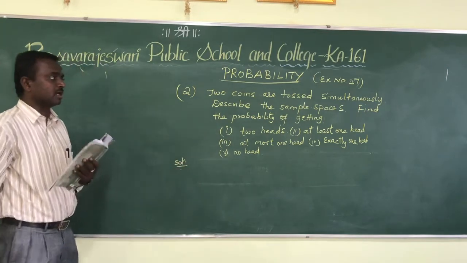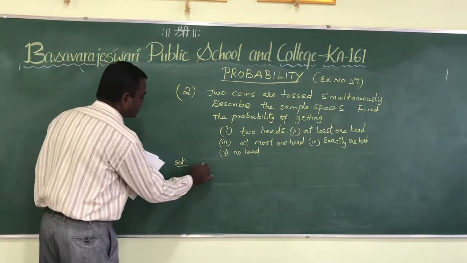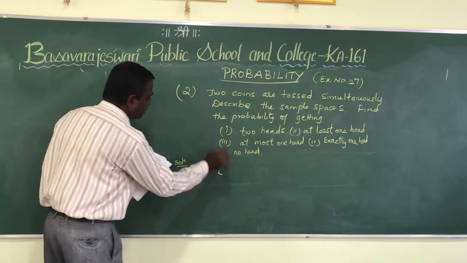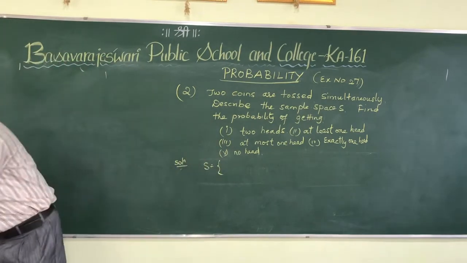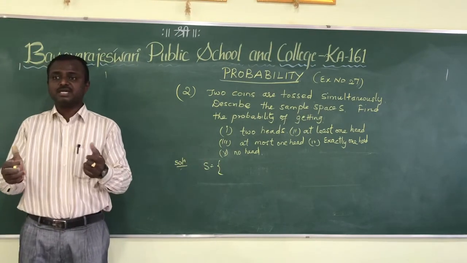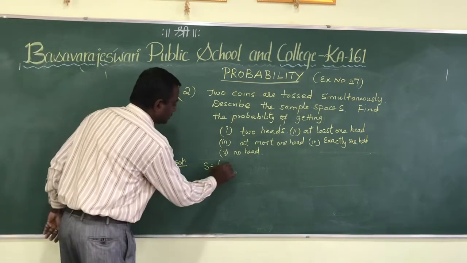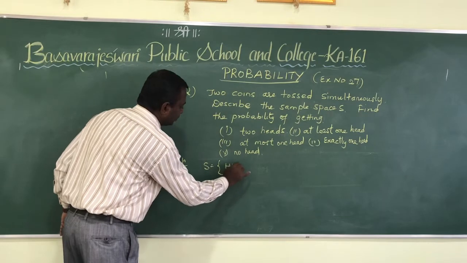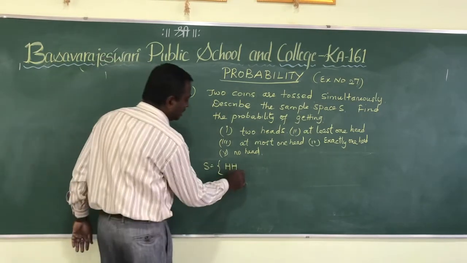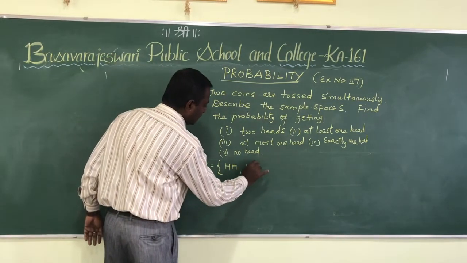First, we have to write the sample space. Describe the sample space. Two coins are tossed simultaneously. So what result you may get? Sometimes you may get both heads, or sometimes you may get one head and one tail.